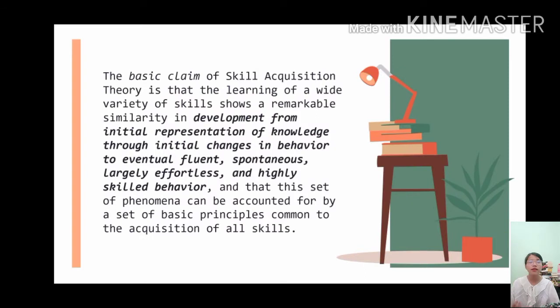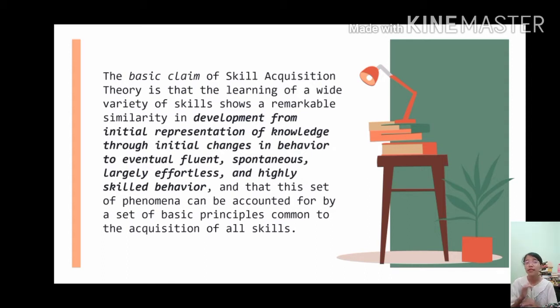So here is the basic claim of skill acquisition theory. The basic claim of skill acquisition theory is that the learning of a wide variety of skills shows a remarkable similarity in development from initial representation of knowledge through initial changes in behavior to eventual fluent, spontaneous, largely effortless, and highly skilled behavior.